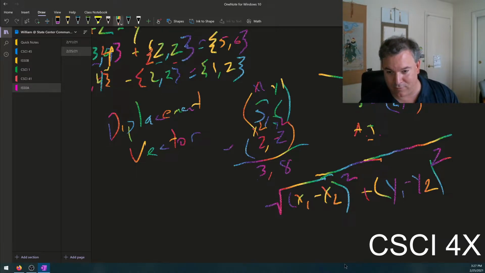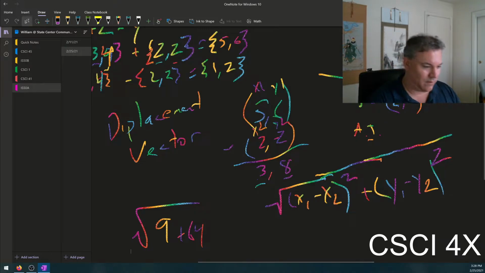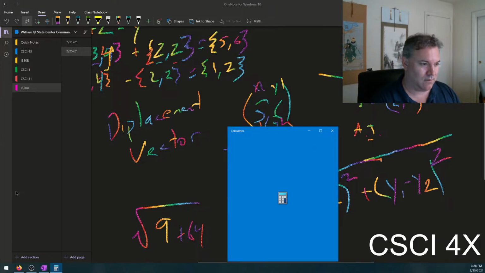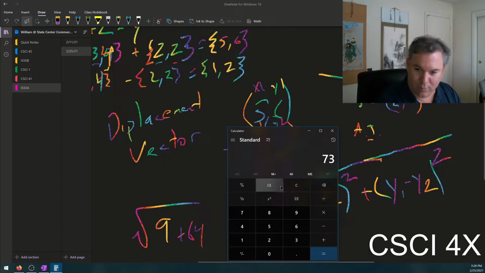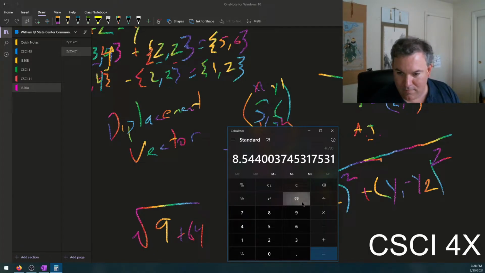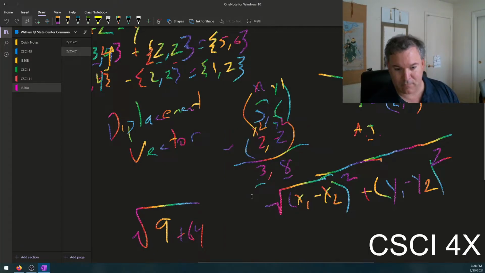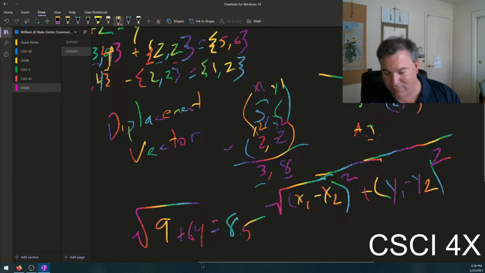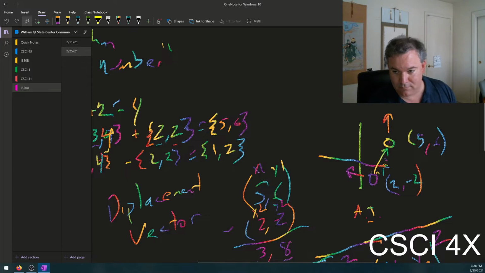I've already subtracted them, so it's just going to be 9 plus 64 square rooted, which is 73. It's going to be 8 point something, 8.5. So the AI is 8.5 units away from the guard. Okay. So we got the guard here, we got the AI.